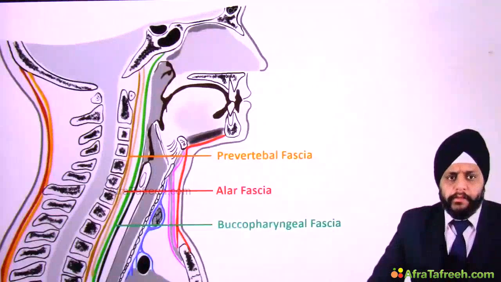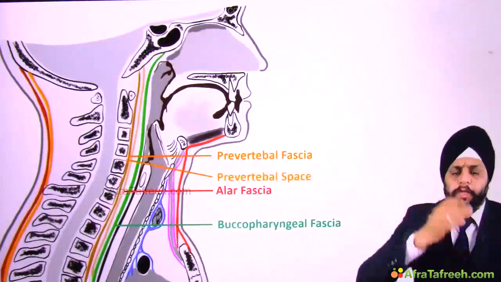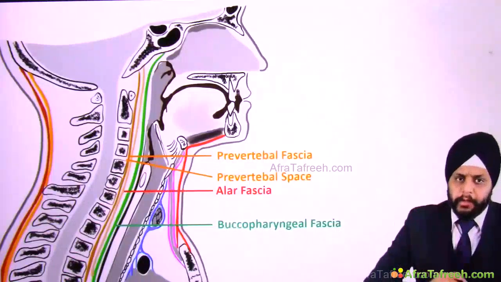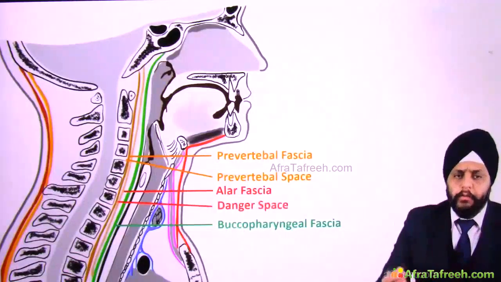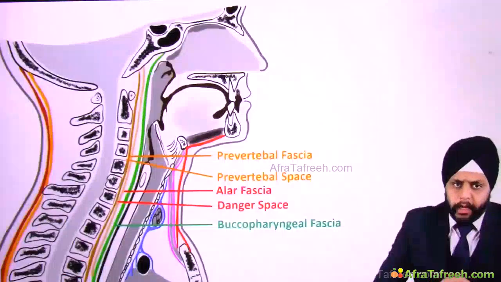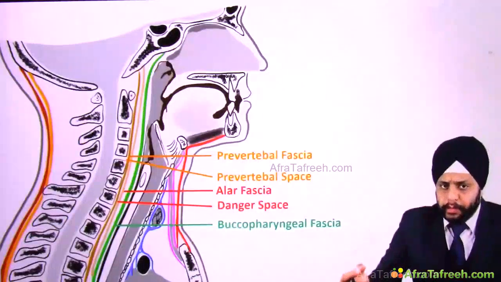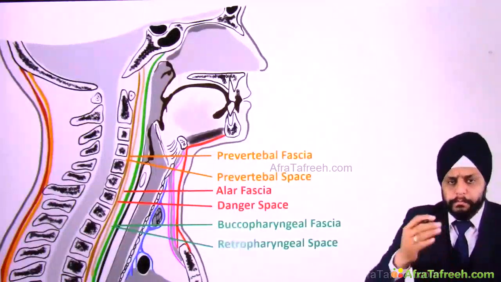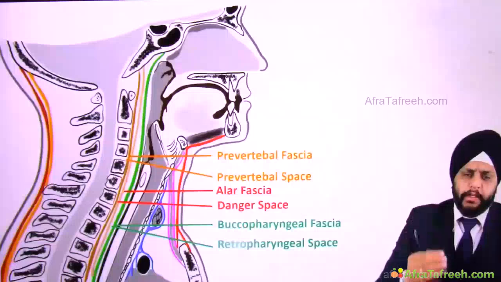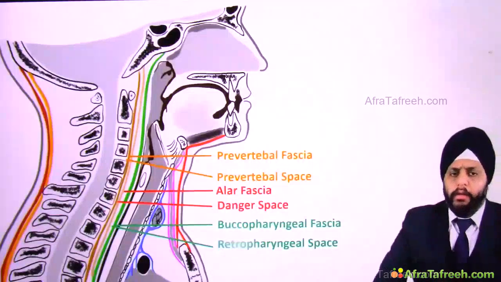So three spaces: posterior to the prevertebral fascia, the prevertebral space. Between the prevertebral fascia and the alar fascia, the danger space, and between the alar fascia and the buccopharyngeal fascia, the retropharyngeal space.